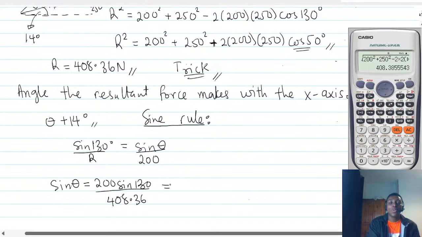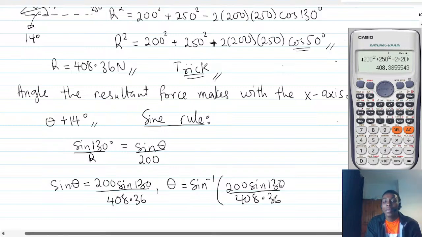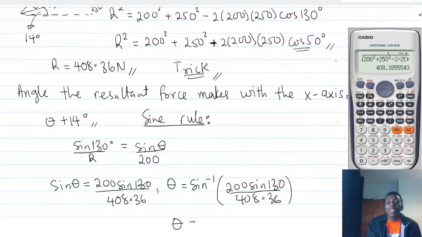It means that theta is going to be the sine inverse of 200 sine 130 divided by 408.36. Is that right? Now what is it then?